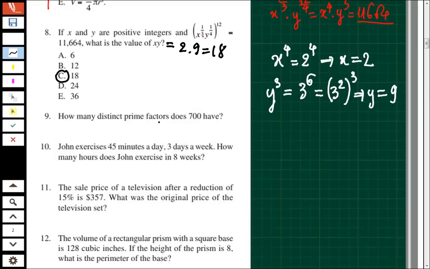Question number 9. How many distinct prime factors does 700 have?